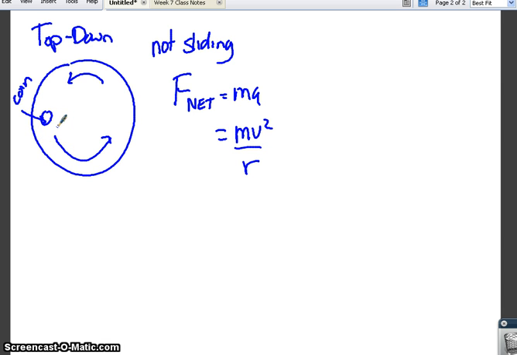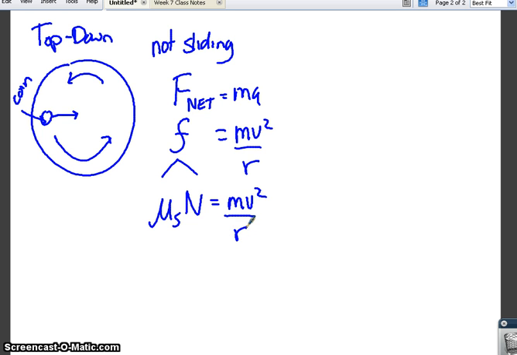The only thing holding this on is not gravity, it is not tension, it is going to be friction. So we can expand this friction into mu static friction, because it is not sliding. Static friction times the normal force is equal to mv squared over r.